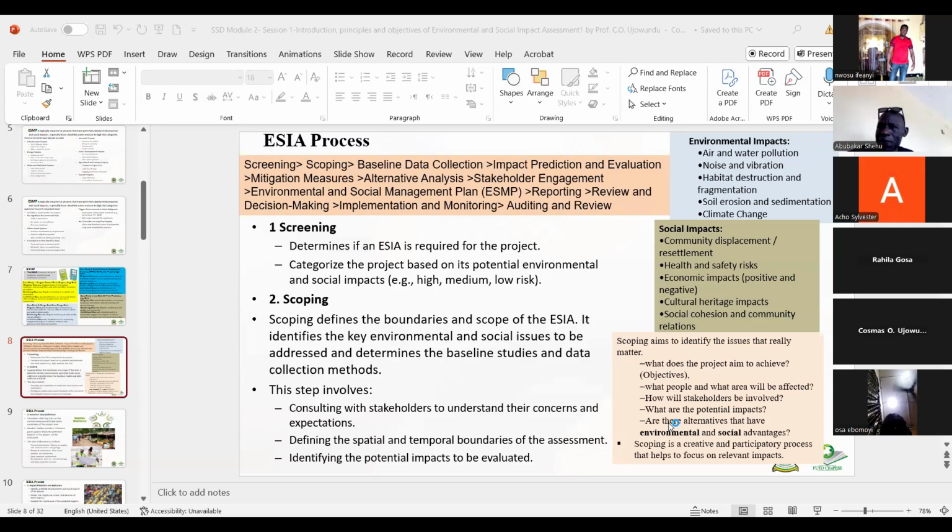Habitat destruction. In the course of your work, as you're bringing in these heavy-duty machineries, they end up affecting the environment, fragmenting the habitat.